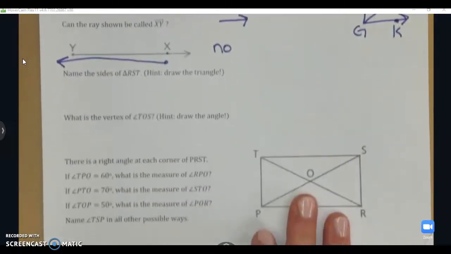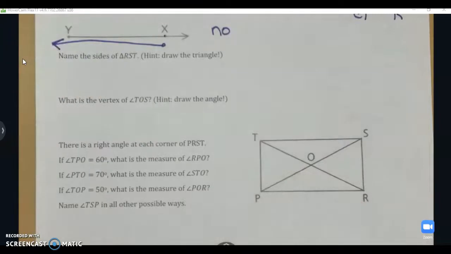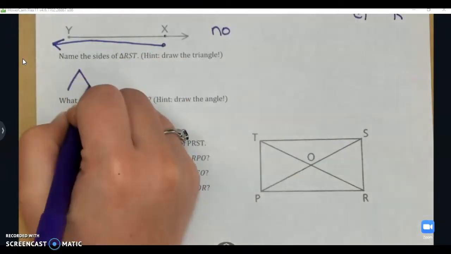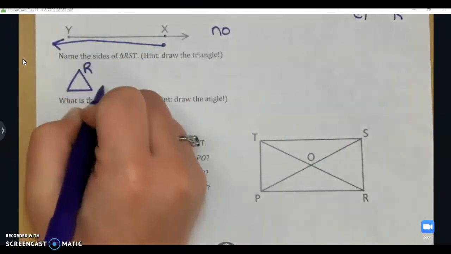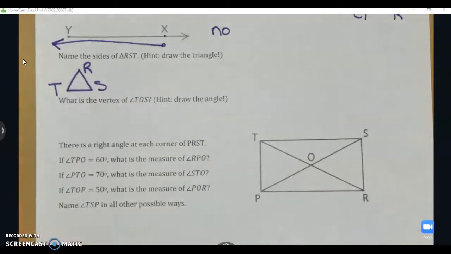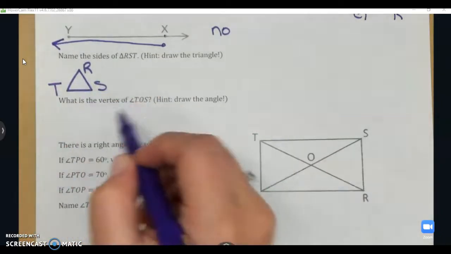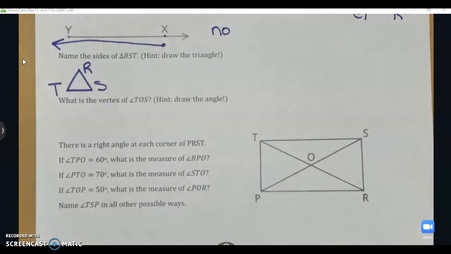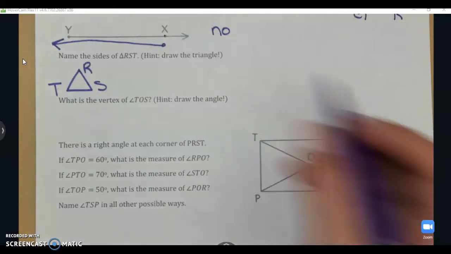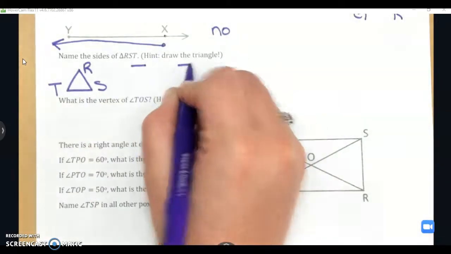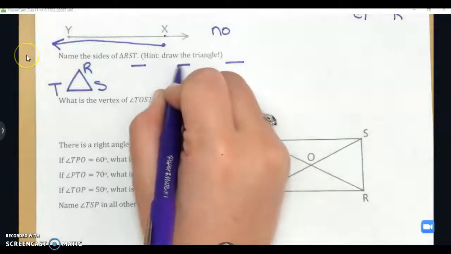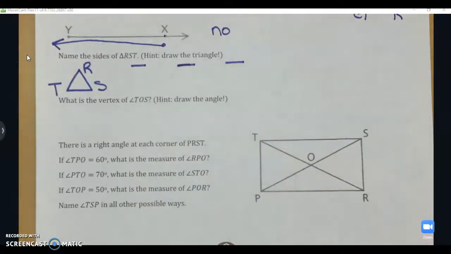All right, name the sides of triangle RST. So you could do this without a picture because you know the points, but let's draw it. Triangle RST. You could put these points anywhere else on the triangle. It truly does not matter. So what are the sides? The sides of our triangle are going to be segments, which means I'm going to have just a line above them with no arrows because it's a line segment.